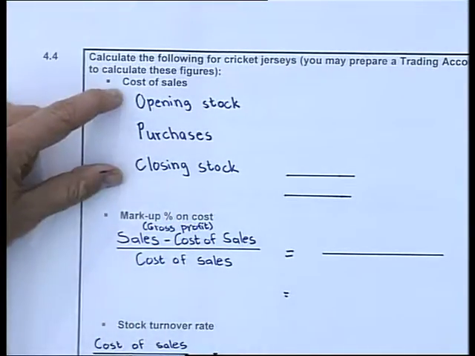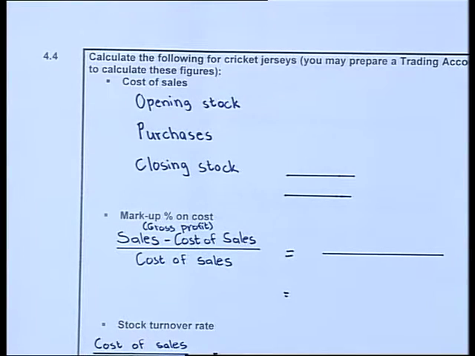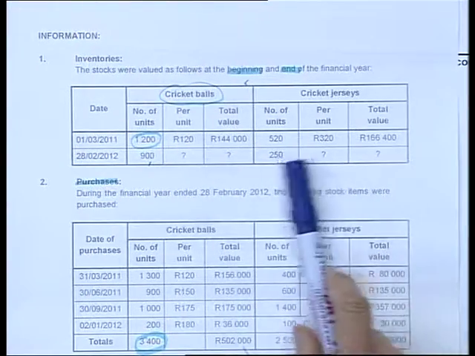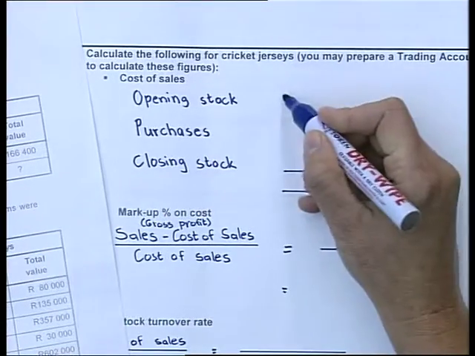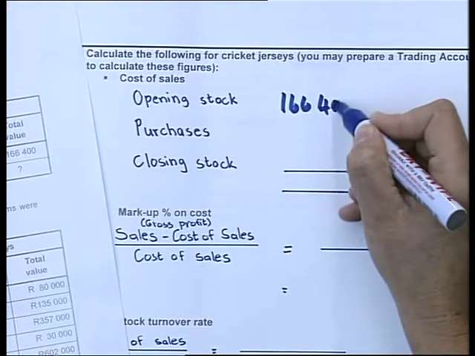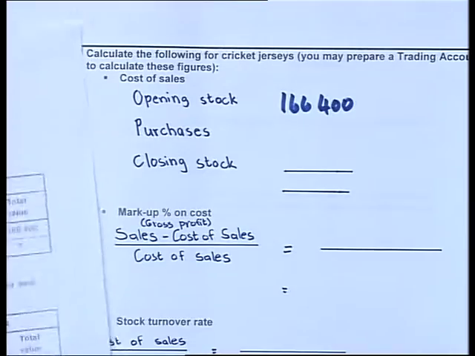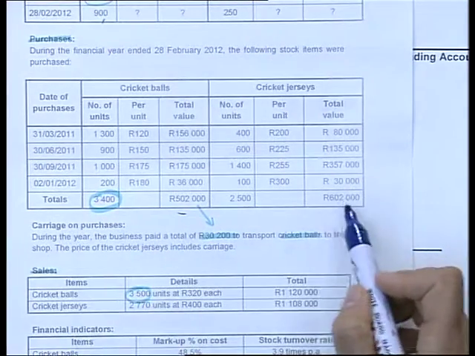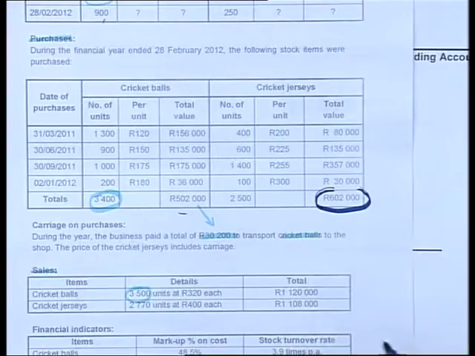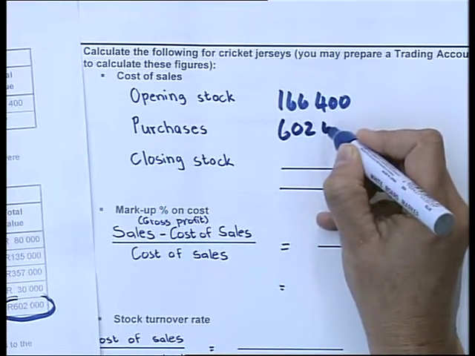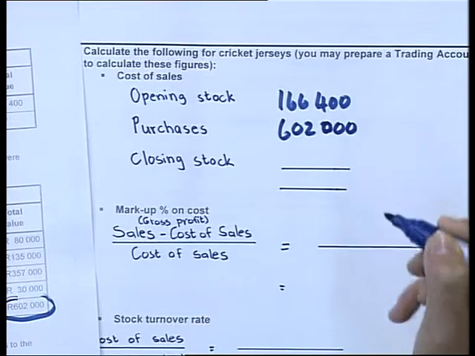Okay, so calculate the cost of sales. Once again, we are going to use this method by saying it's the opening stock. The opening stock was given to you there. Opening stock 166,400. Okay, 166,400 plus all the purchases. The purchases was given to you as well in your question. They've added it for you. 602,000 plus 602,000. Okay.